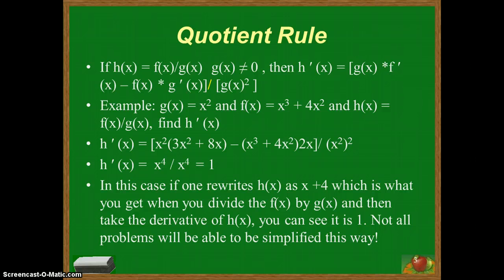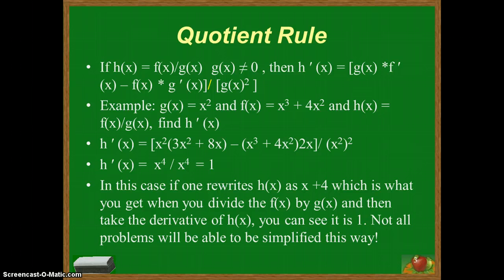Well, h prime of x, according to the quotient rule, would be the bottom function, x squared, times the derivative of the top function, 3x squared plus 8x, minus the top function, x cubed plus 4x squared times the derivative of the bottom function, which would be 2x, all over the bottom function squared, x squared raised to the second power.